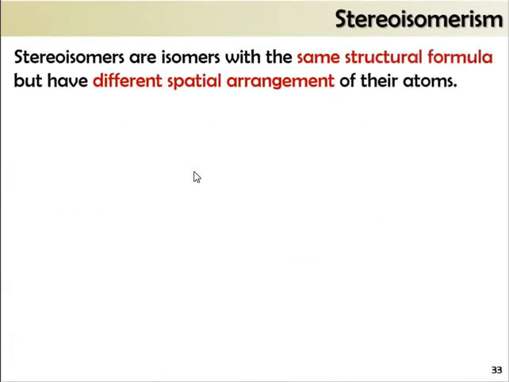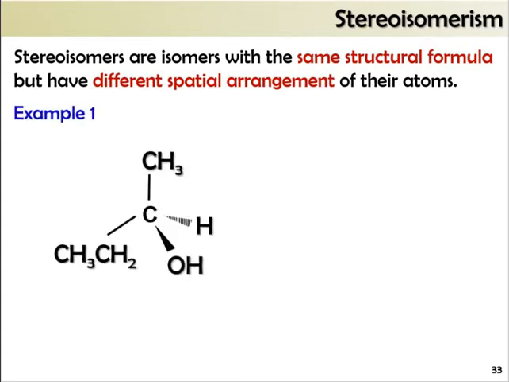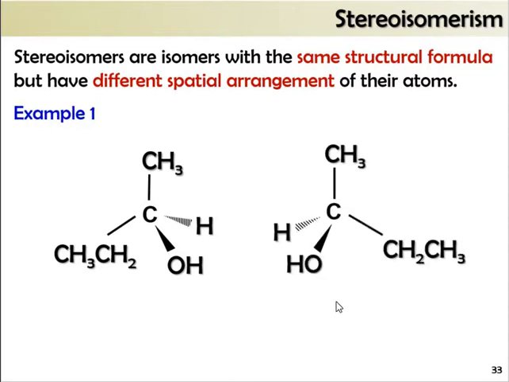So let us start. Stereoisomers. What is stereoisomers? Stereoisomers are isomers with the same structural formula but have different spatial arrangement of their atoms. For example, we have this structure. They have same structural formula, but in terms of arrangement, they differ.